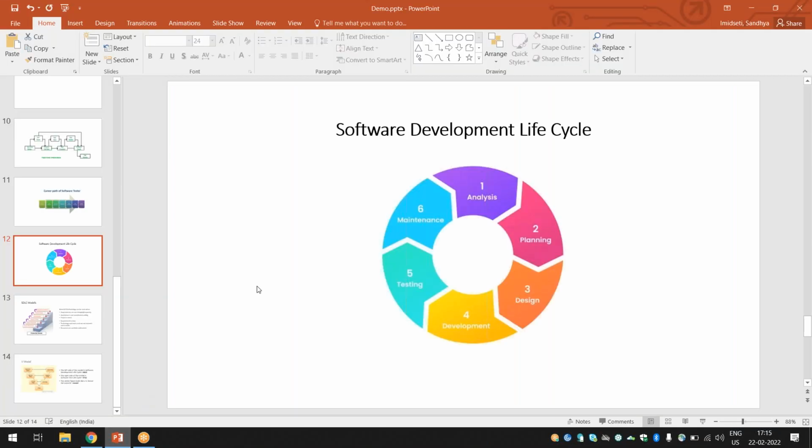Based on the specifications which they got from the design phase, they will prepare the source code, and this source code will be reviewed by subject matter experts, who are the senior most people in this development phase.